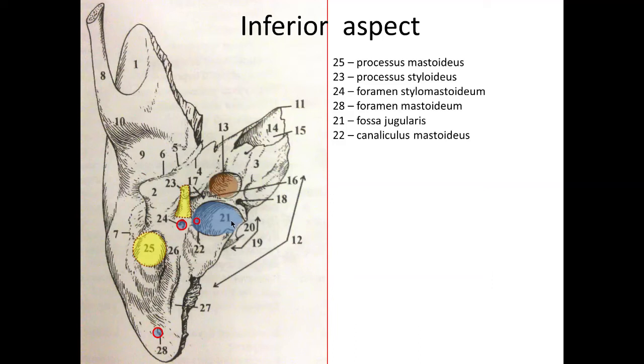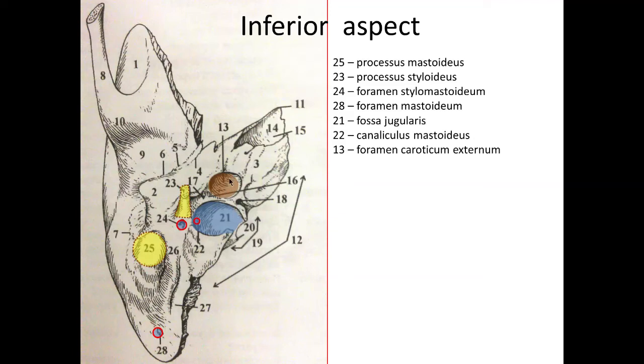Then number 13, what is it? Foramen caroticum externum. Very important to remember that foramen caroticum externum is located anteriorly to the fossa jugularis.